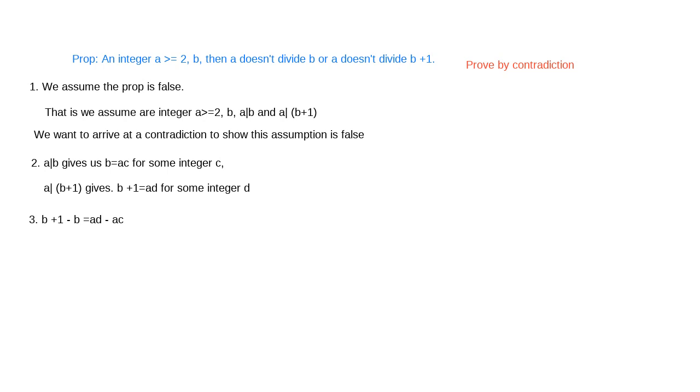So B plus 1 minus B equals to AD minus AC. Let's simplify this. B plus 1 minus B, that's 1. So 1 equals to AD minus AC. Now let's factor out A, because A is a common factor on the right-hand side. A times D minus C.